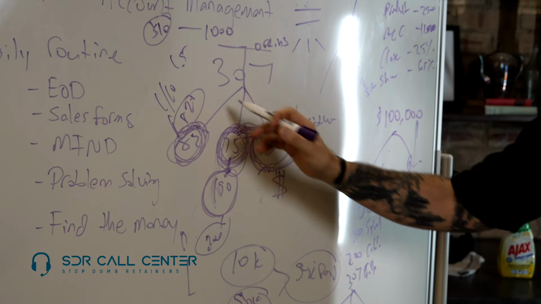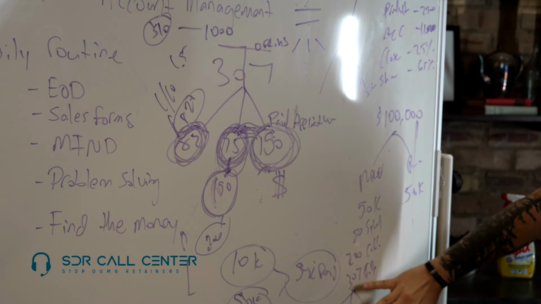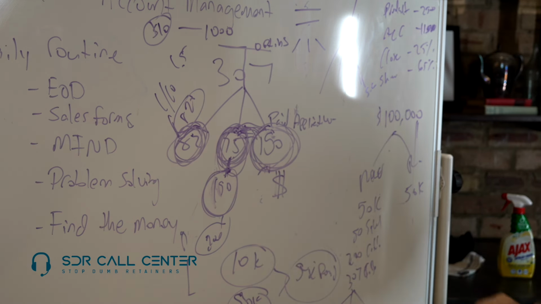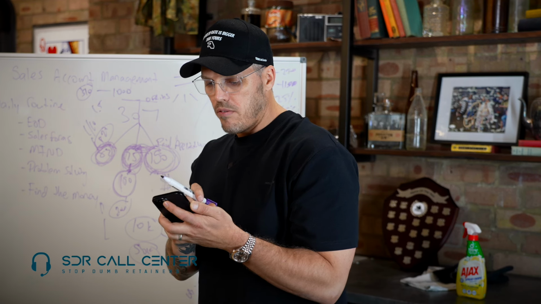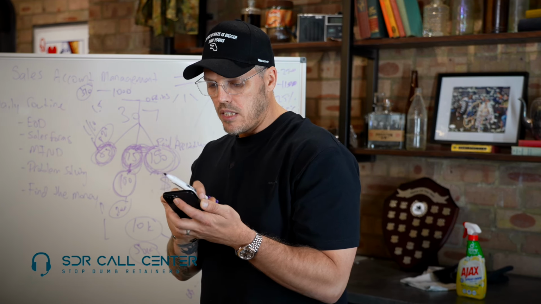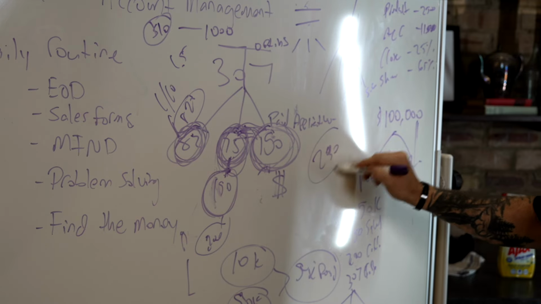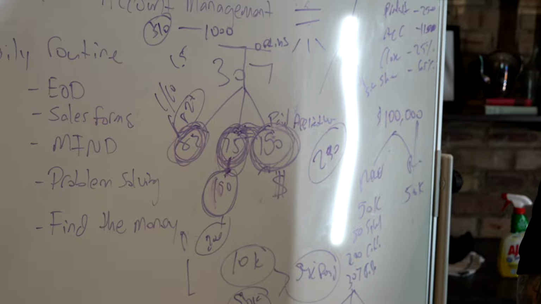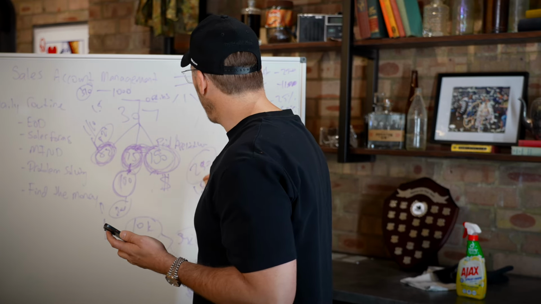Then I need 307 calls booked at 45 minutes. 307 multiplied by 45 divided by 60 equals 230 hours. If I divide that by 150, I need 1.5 closers.